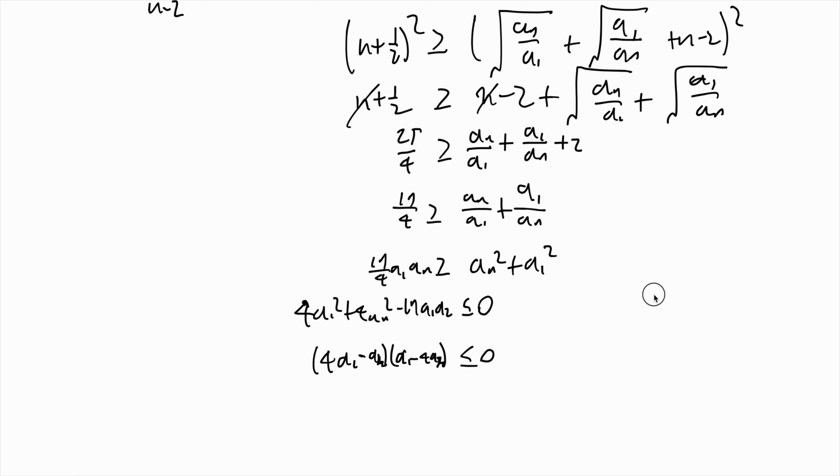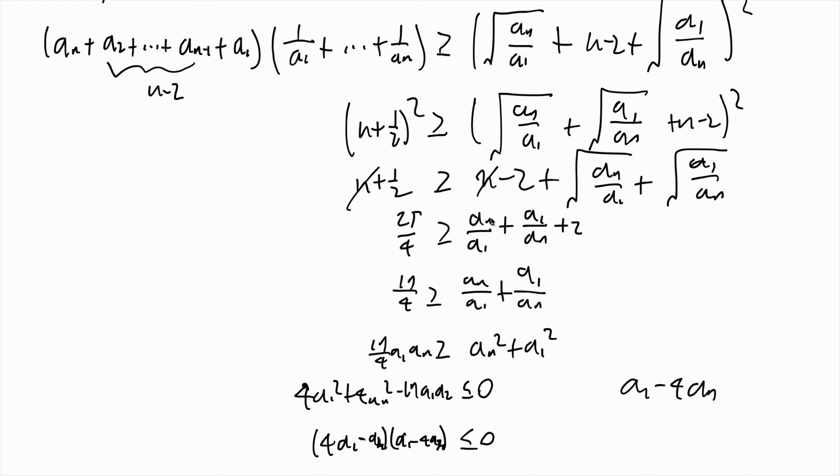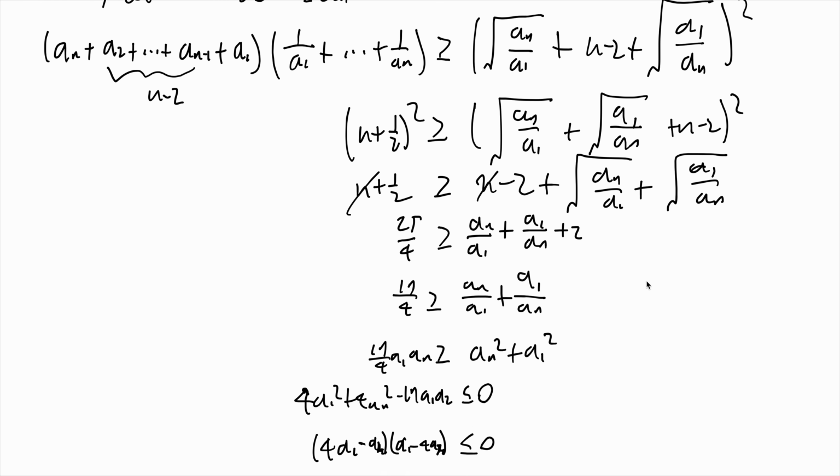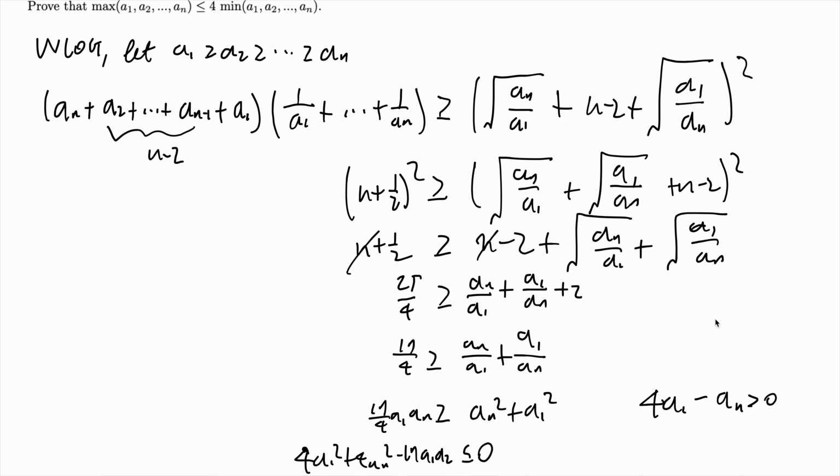And we know that a sub 1 minus 4 a sub n, so we know that because we said that a sub 1 is the greatest, this is obvious.